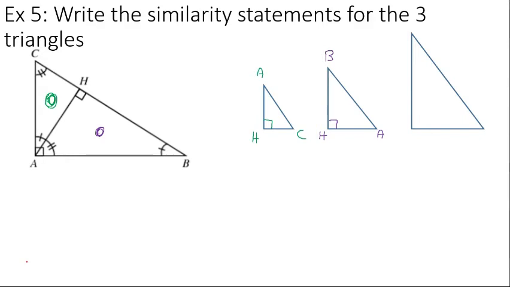And then my big triangle. So there's the 90. So there's A, C, and then B. All right, so just mark the similar sides here so we know these 3 sides are similar.